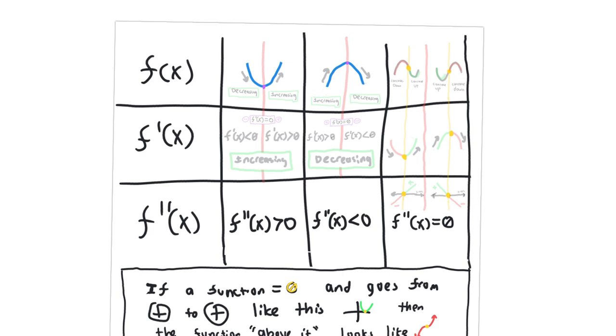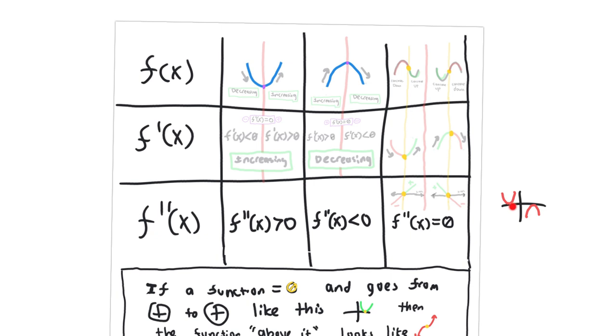Now, it's very important for us to recognize that this only happens when the graph of the second derivative goes through the x-axis. We are not interested in when the graph of the second derivative bounces off of the x-axis. We're not interested in those moments.